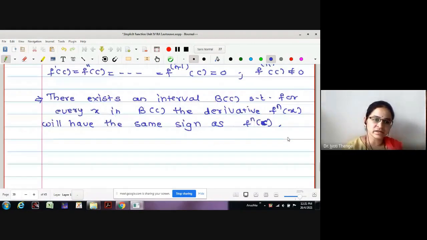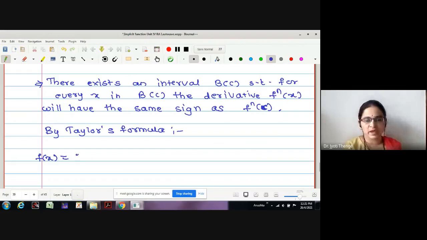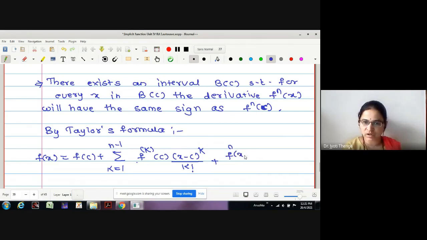Let us write Taylor's formula. By Taylor's formula, f of x is equal to f of c plus the summation, k equals 1 to n minus 1, of f^(k)(c) into (x minus c) raised to k divided by k factorial, plus f^(n) at the point x1 upon n factorial into (x minus c) raised to n.